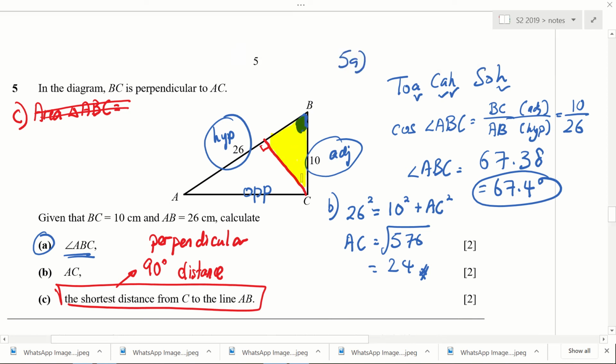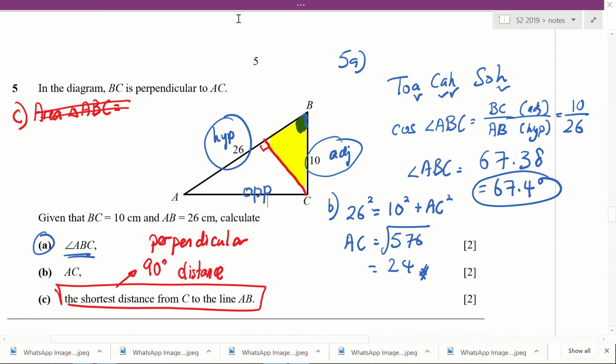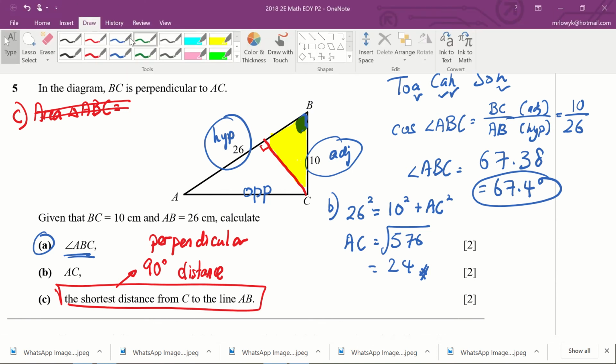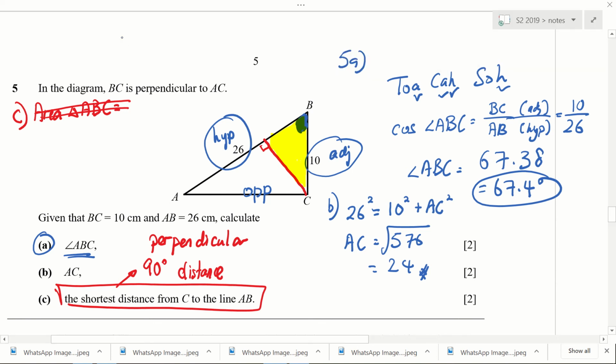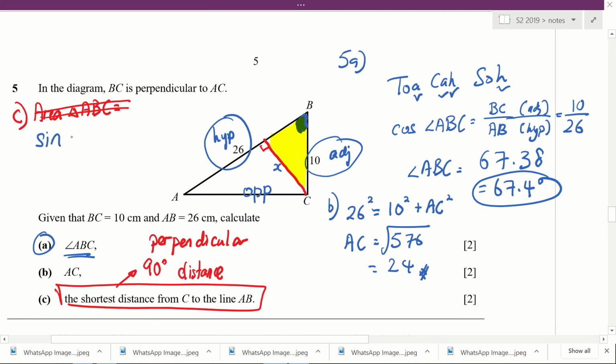Now, I want to use the yellow triangle. Can you help me? Yellow triangle, I want to find out X. So what it means is, I want to use X, I want to use 10. Do I use Tuaka also? Answer is so. Sine 67.